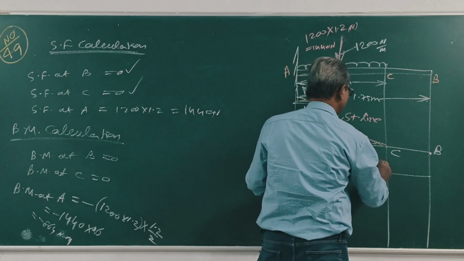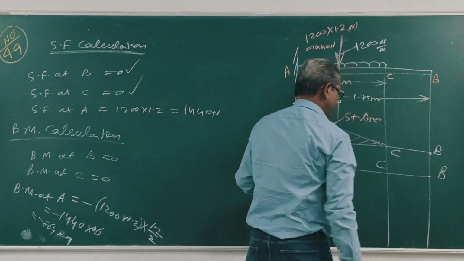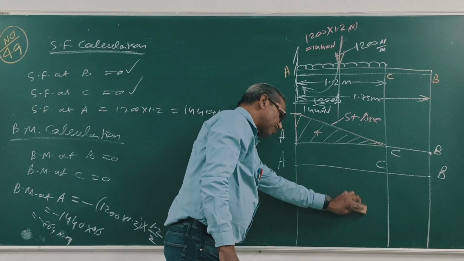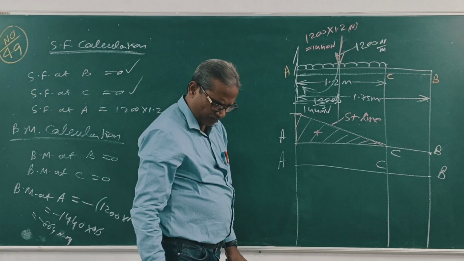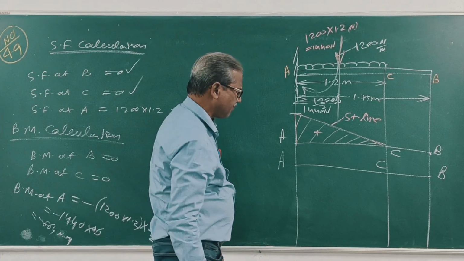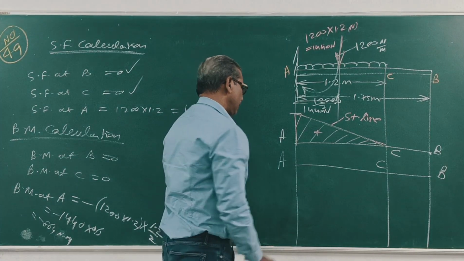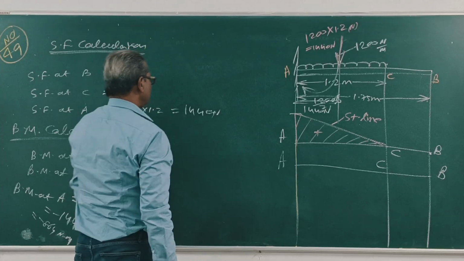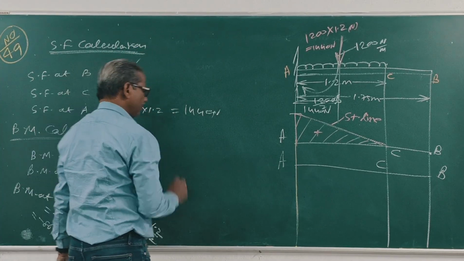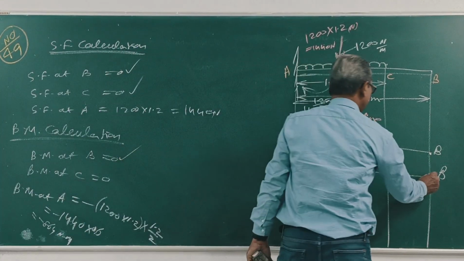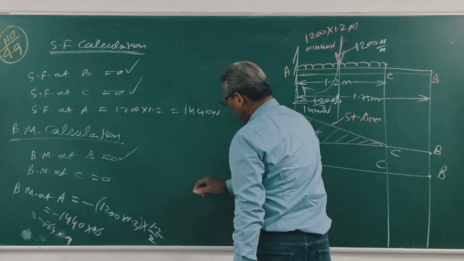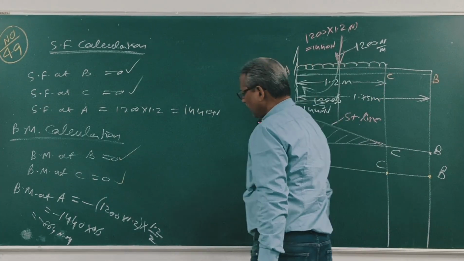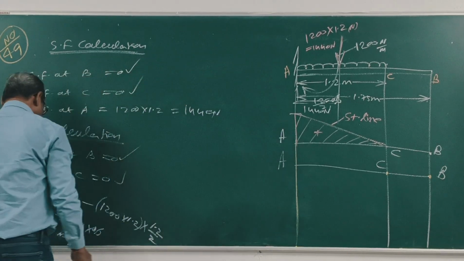A, C, B. At B it is 0, at C it is 0, at A it is minus 864 Newton meter.